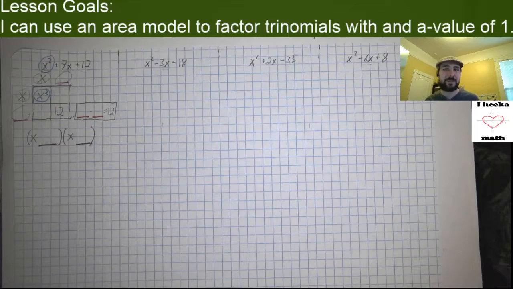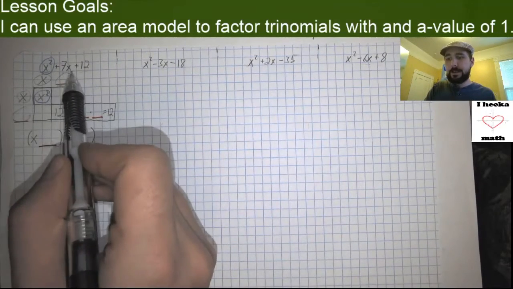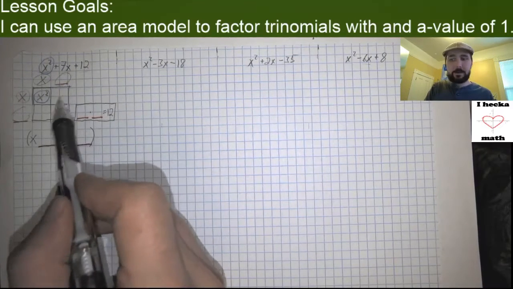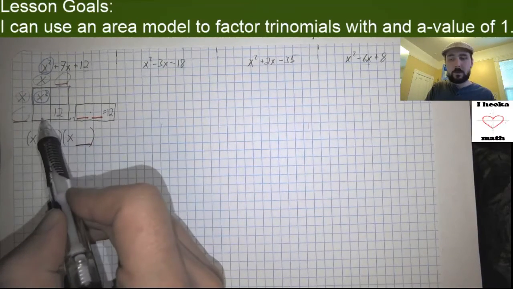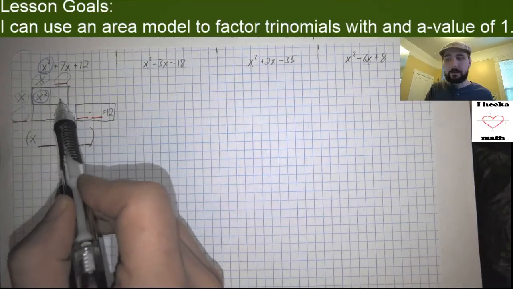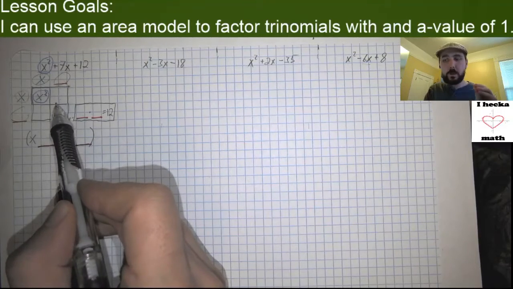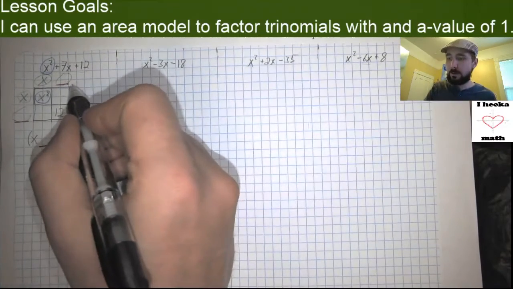So we need to do something else to narrow down the options. The 7x is not going to go in either one of these boxes. But the things that do go in these boxes are going to combine or add up to the total 7x.